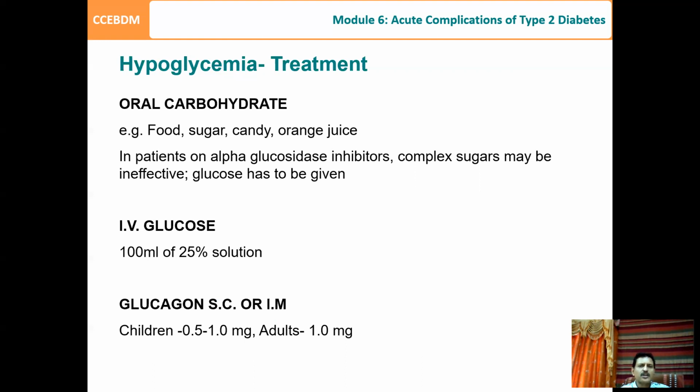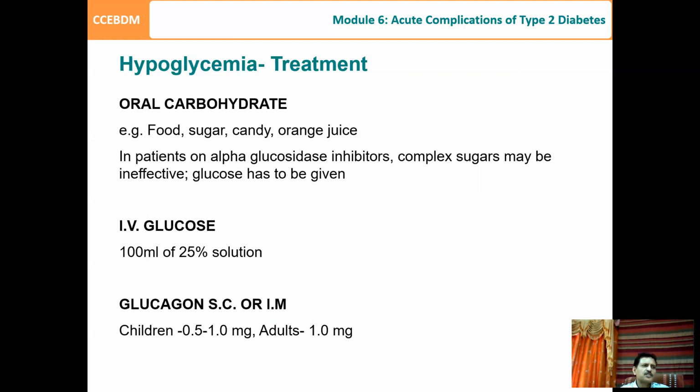If glucose is not available, then you can give other agents, for example sugar, candy, orange juice. But glucose is best because you can measure it. You give 15 gram, check the sugar after 10 or 15 minutes. If it is not corrected, give another 15 gram.